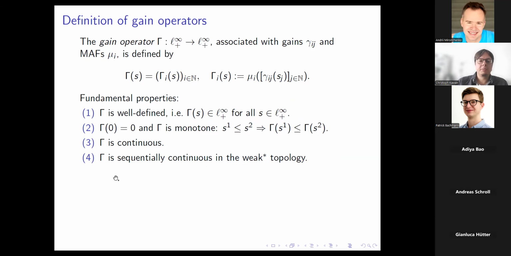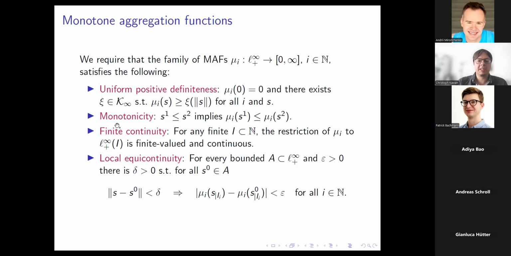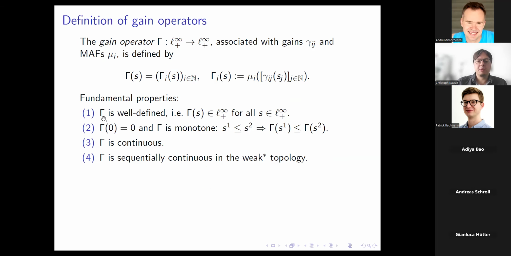It has some nice properties which directly follow from the properties that I put here. First, it's well-defined. So its values are always in the cone. Then it maps 0 to 0, and it's a monotone operator. Monotone operator means you have this implication here. It's continuous in the norm topology, which is important.